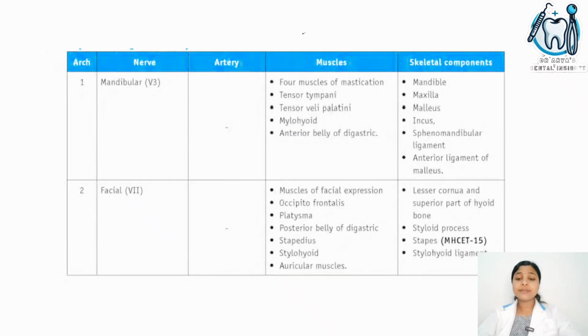So this is a table related to pharyngeal arches. First one is the first arch, which is innervated by the mandibular nerve, and the artery is the first aortic arch artery.